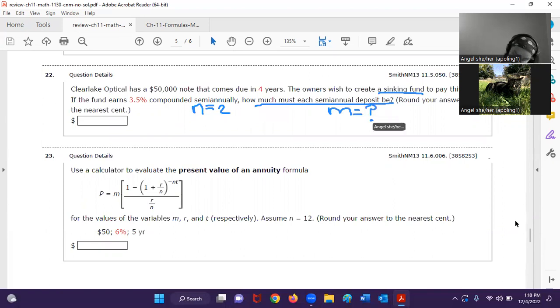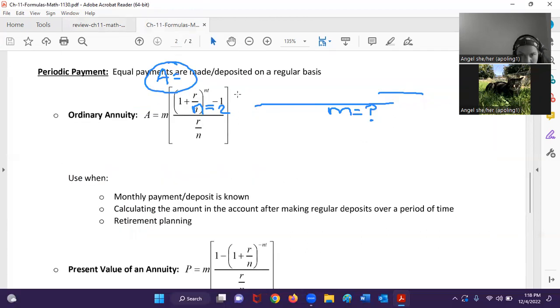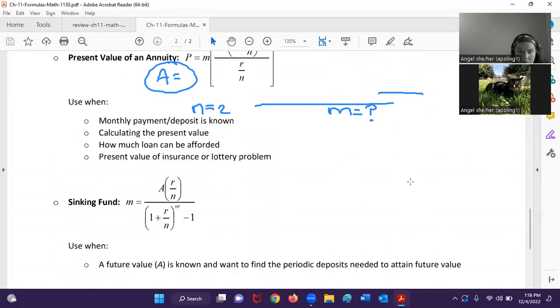So what is M? When we know that in the future, we're going to want the account to have $50,000 in it. So that's the formula where we're looking for M and we have A, right?